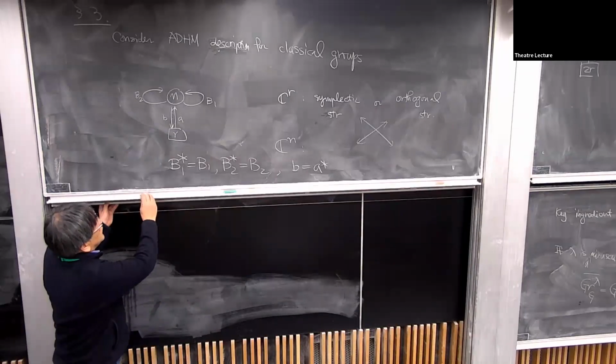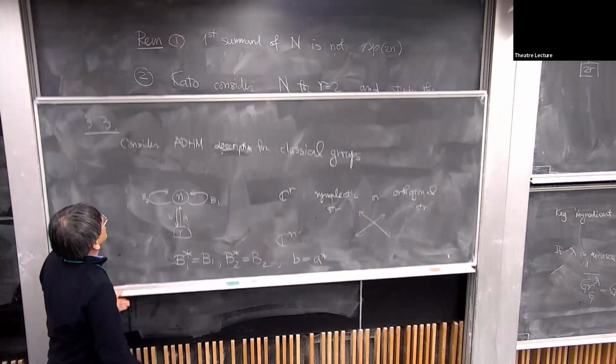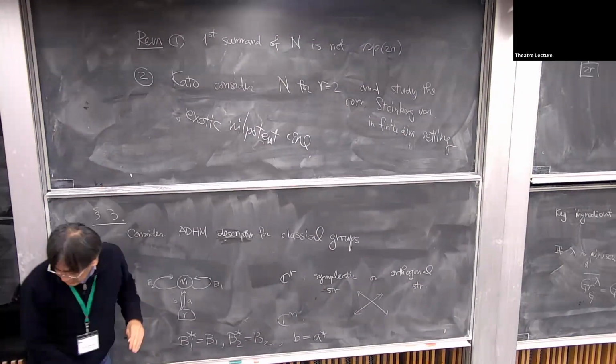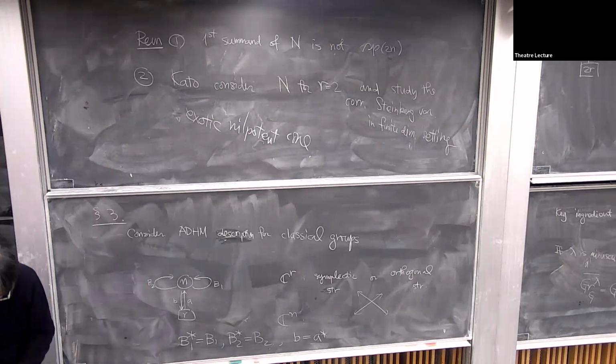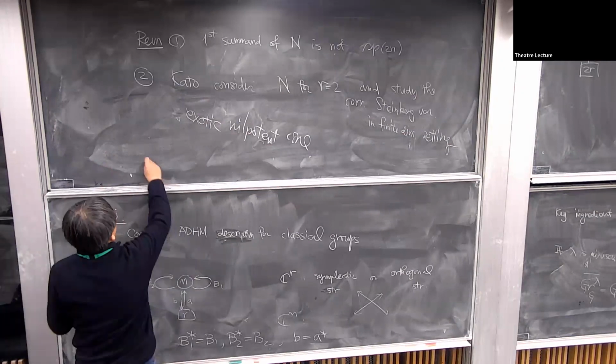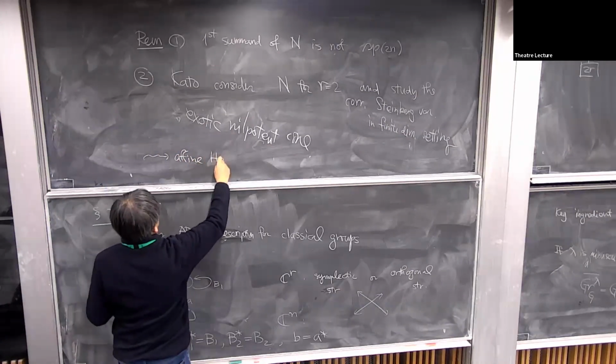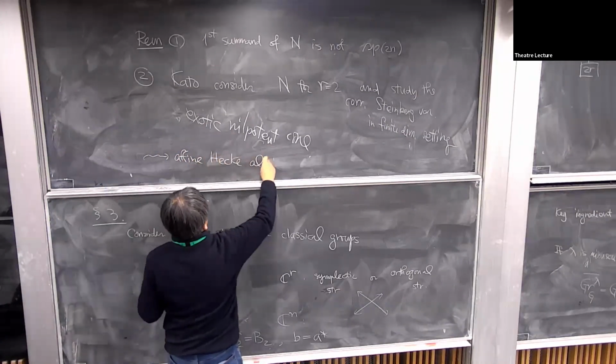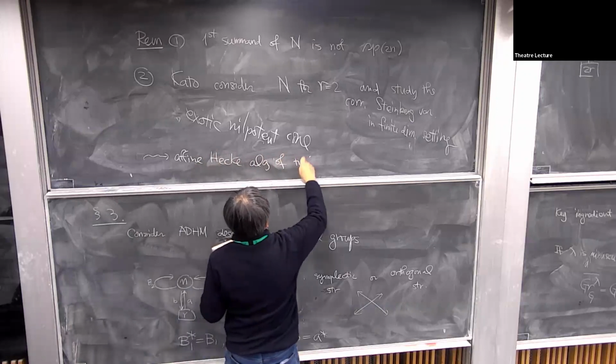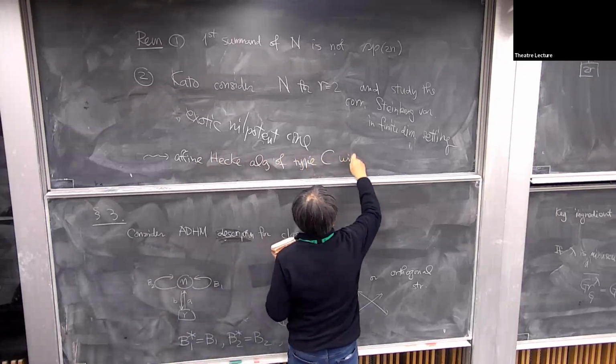And in this case, you have several parameters, and so he realized affine Hecke algebra instead of DAHA of type C with unequal parameter.